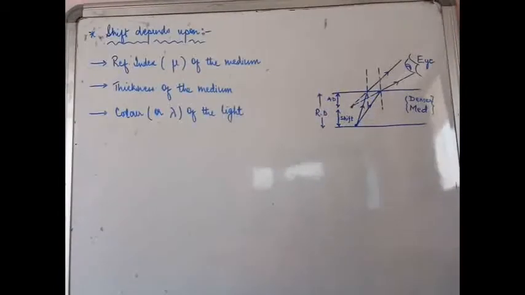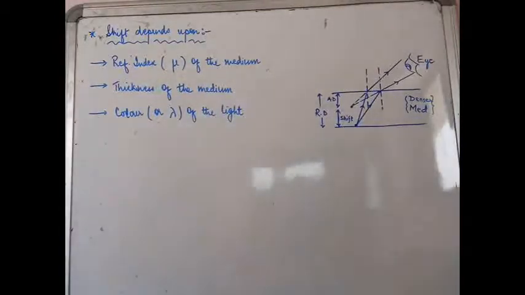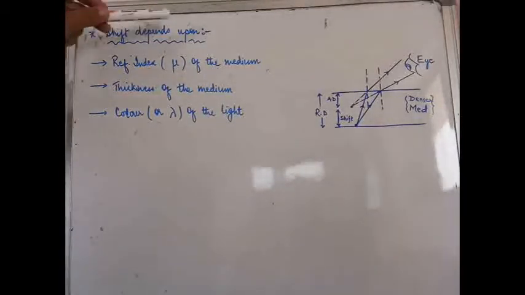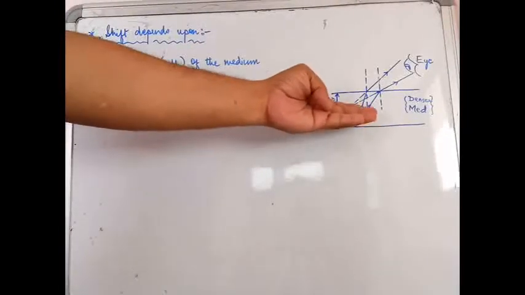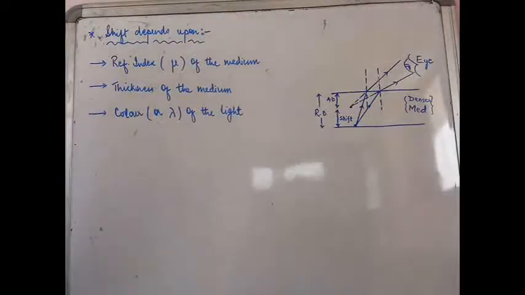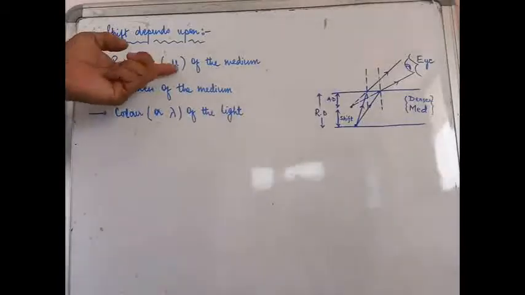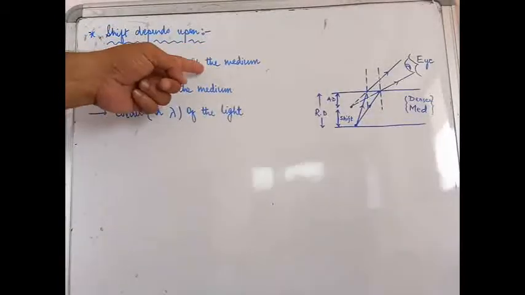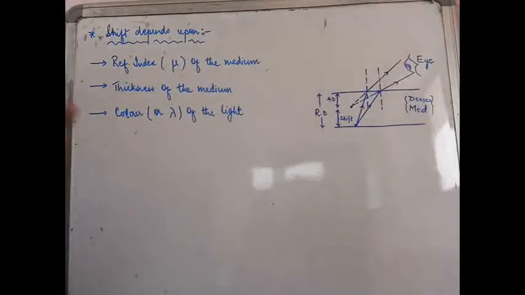Here are the factors that I have listed. As you can see, shift depends upon, so by how much is the coin going to appear raised is going to depend upon these three factors primarily. So what are they? Obviously the first one is refractive index, which is what we had called mu of the medium. So the denser the medium, the more optically dense the medium, the more will be the shift.